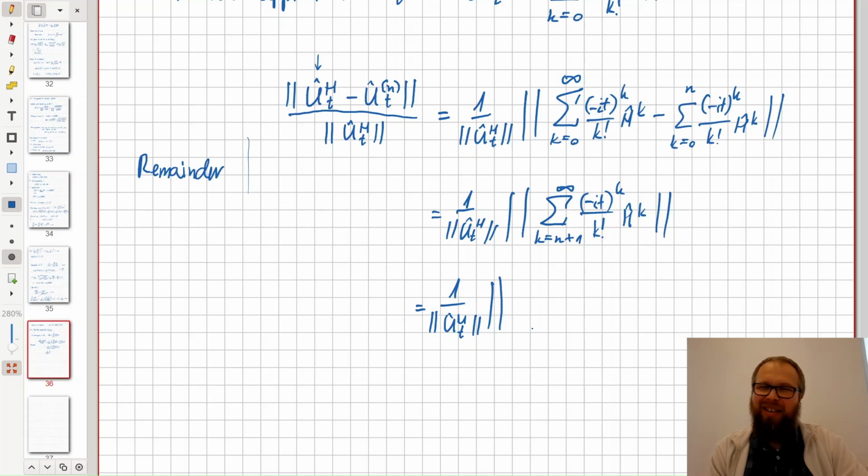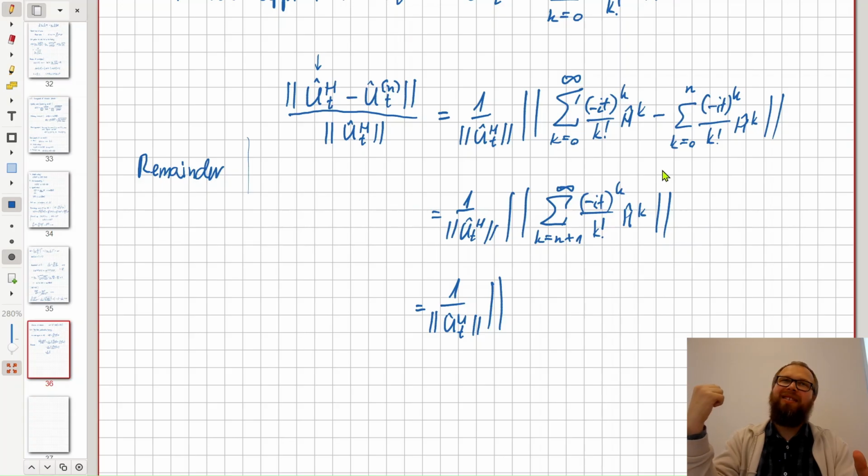If I take the first term of this series, it will be t to the power n plus 1 divided by n plus 1 factorial, H to the power n plus 1, and let's pull it out from under the sum, because all the following terms will be of higher power and higher factorial.